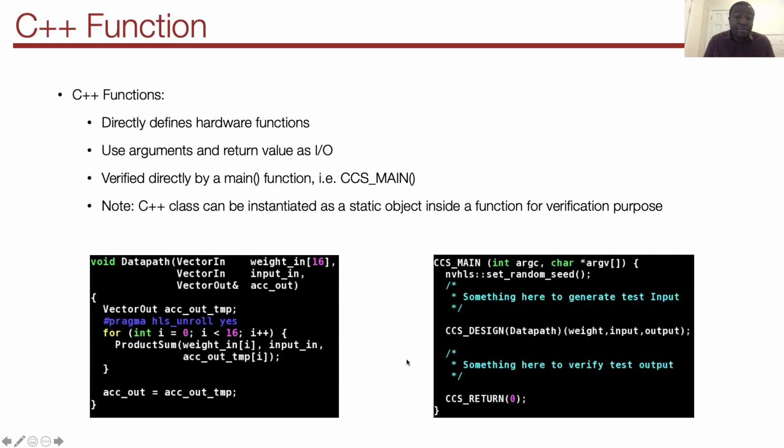Inside the SystemC module, you may instantiate one or multiple C++ functions. These functions typically use arguments as input and return a value as output. And they can be verified in a separate test bench containing the CCS_main function.